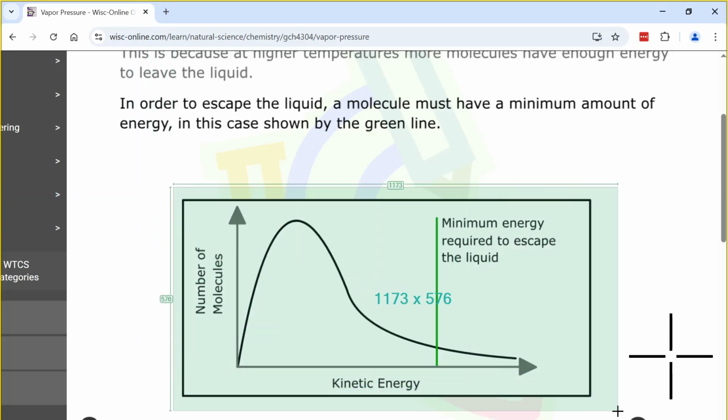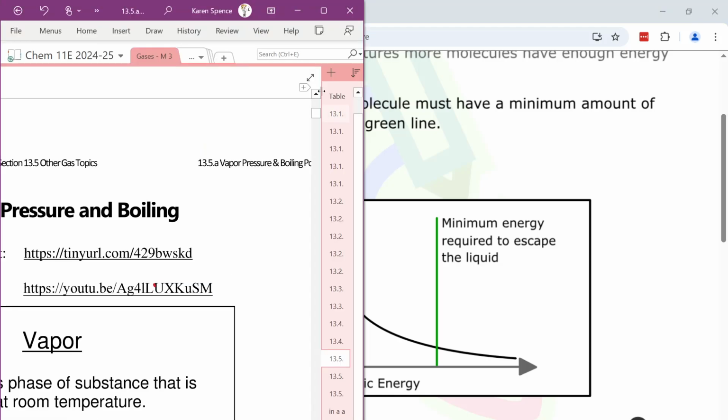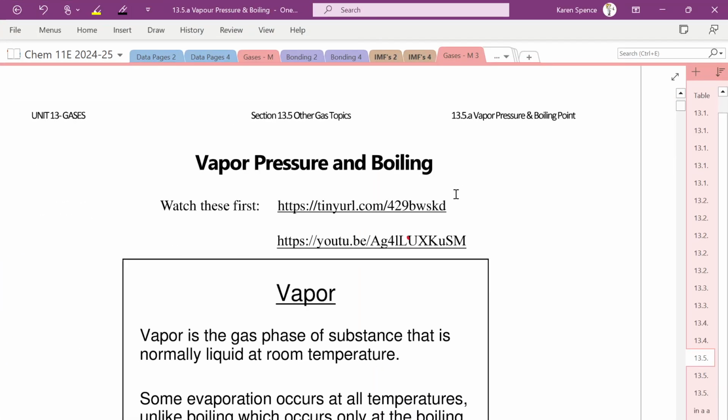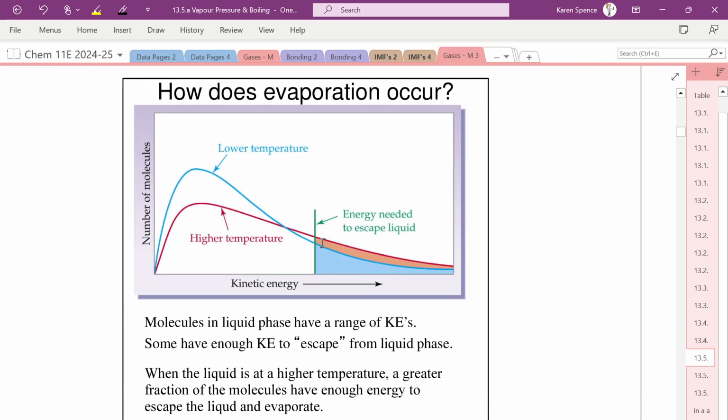Let's go here. Oh, look at this. There we go. So you can see here we have the blue molecules.